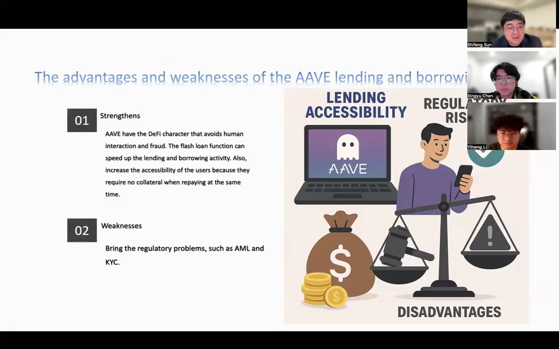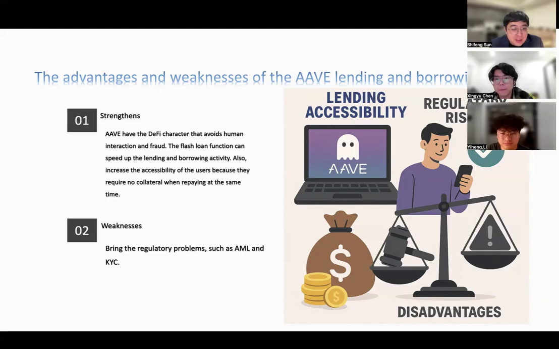This page highlights the advantages and weaknesses. A major strength is its decentralized character, minimizing human interaction and fraud through smart contracts for a trustless and efficient environment. The flash loan feature adds incredible speed and accessibility for strategies like arbitrage, requiring no upfront collateral if repaid within the same transaction block.